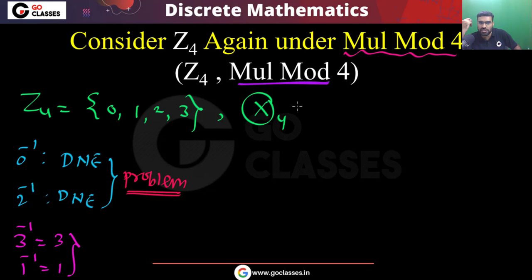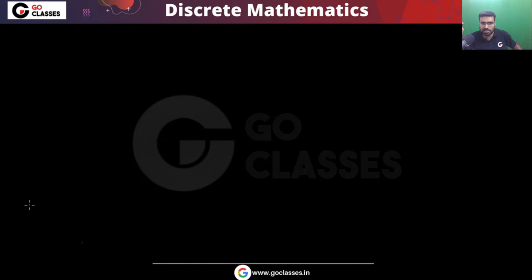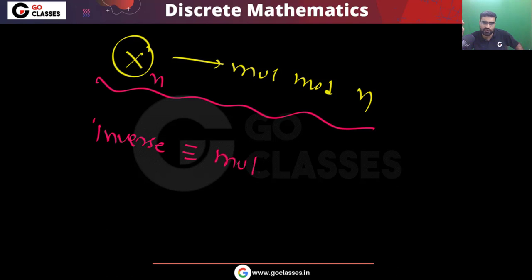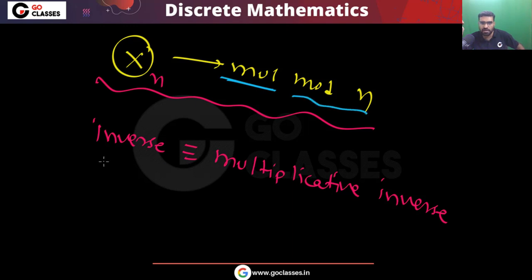See, here the operation is multiplication modulo 4, so the inverse we call the multiplicative inverse. In this structure the operation is multiplication modulo n, so the inverse is also called the multiplicative inverse.